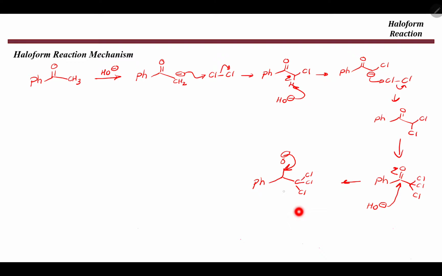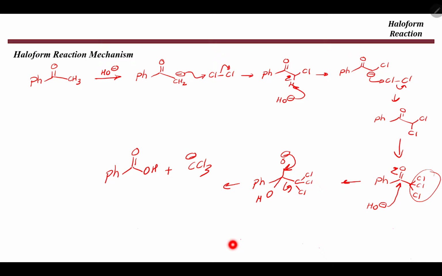So this O minus goes back and this leaves, leading to the formation of phenyl C double bond O, OH, plus C minus Cl3. Because of this CCl3 group, this is a good leaving group. OH minus attacks this carbon now.